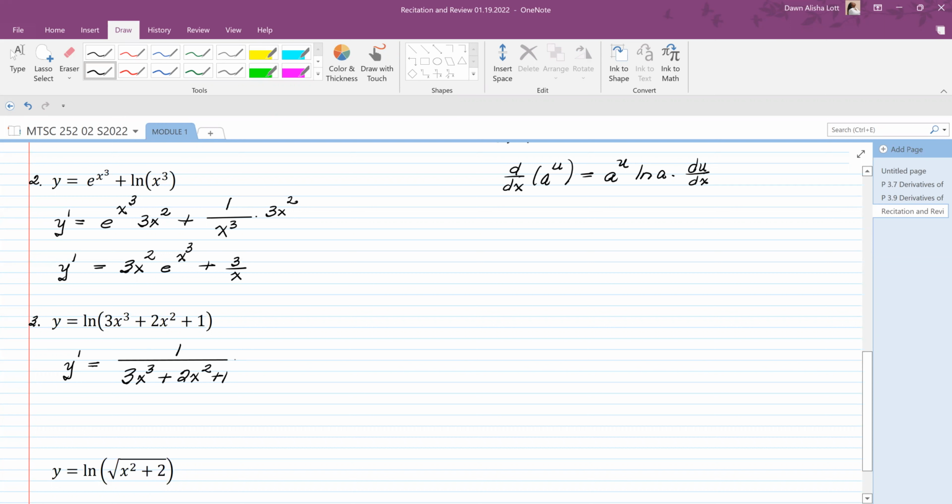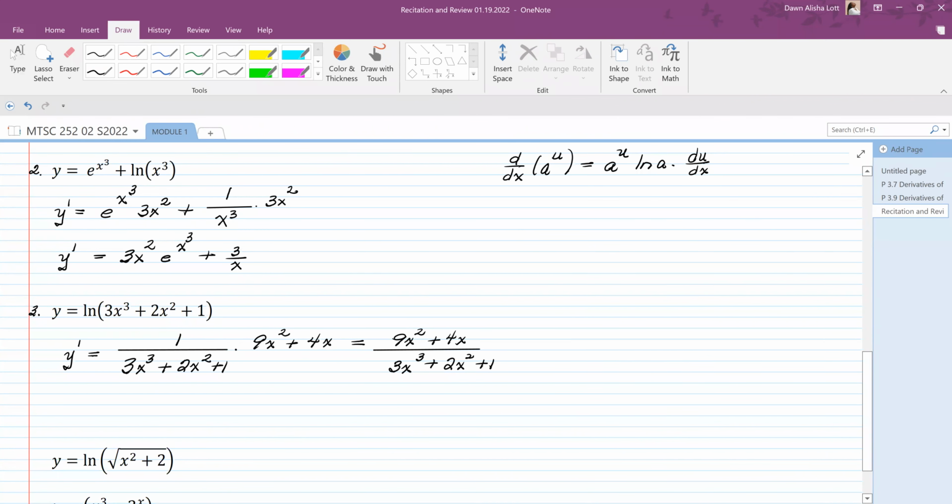And since we're using u substitution, you would take the derivative within the parentheses, which would be 9x squared plus 4x. So you get 9x squared plus 4x divided by 3x cubed plus 2x squared plus 1. Awesome. Okay, thank you, Victor.